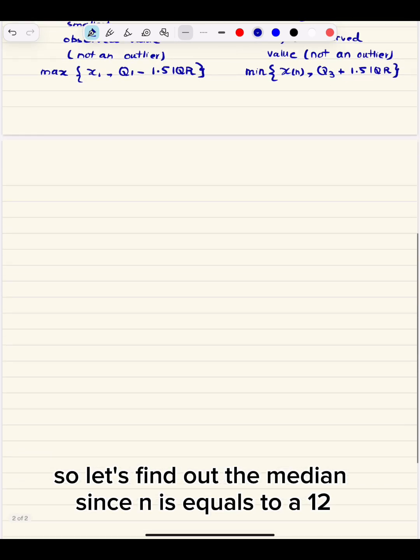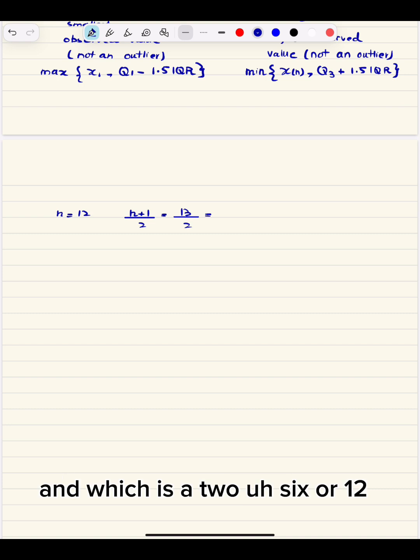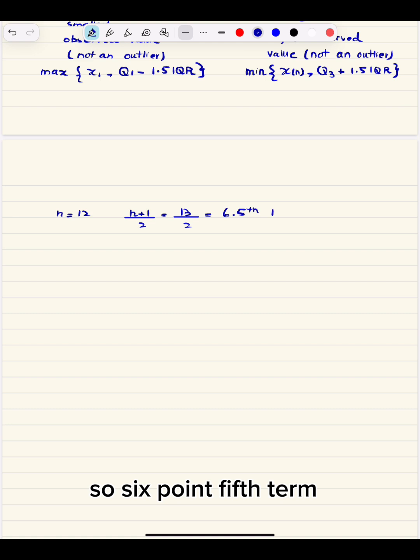So let's find out the median. Since n is equal to 12, (n plus 1) over 2 is 13 over 2, which is the 6.5th term.